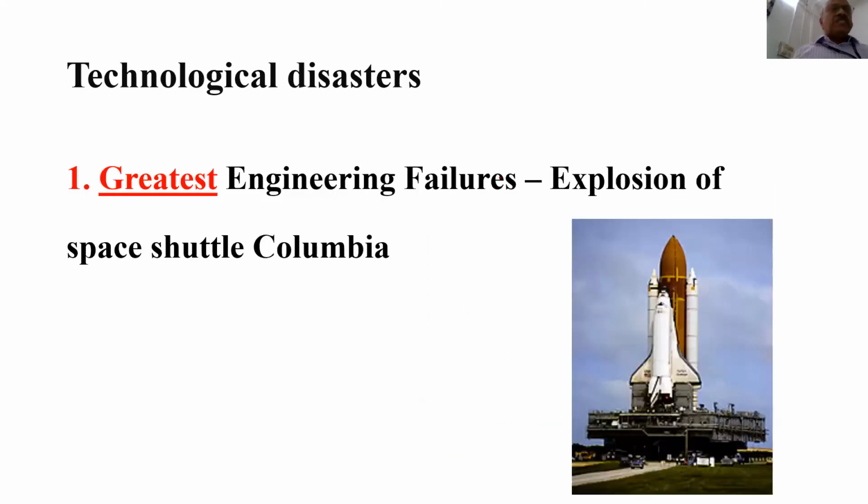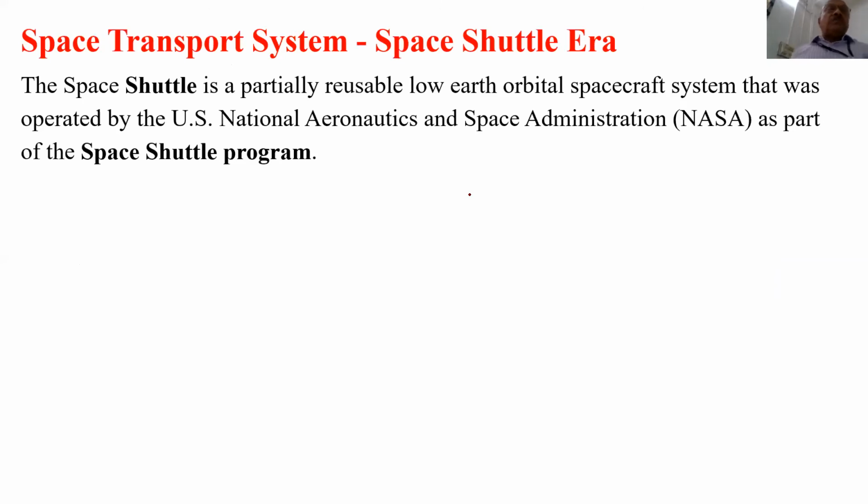Now in human history, one of the worst technological disasters has been one of the engineering failures associated with the explosion of the space shuttle Columbia. NASA had a very vigorous space shuttle program, and it was a reusable low Earth orbital spacecraft.